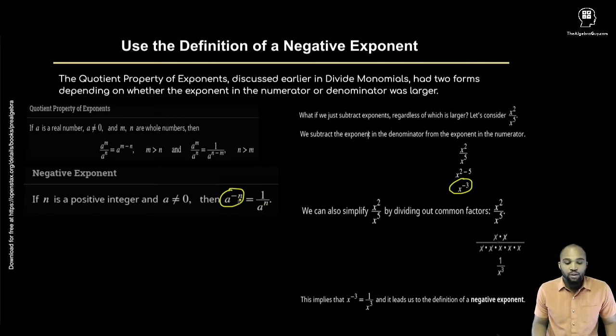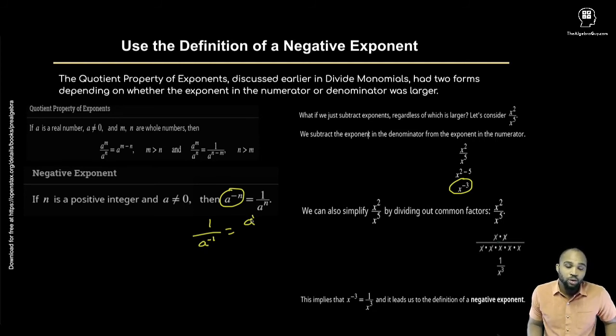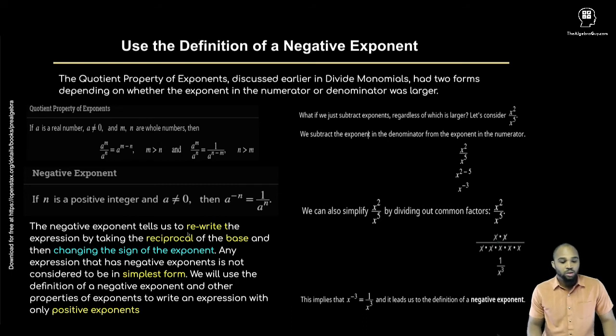If it were in the denominator, let's say a to the negative 1, and I wanted to get that negative exponent gone, I could bring it up to the numerator. So anytime it goes from the numerator to the denominator or the denominator to the numerator, it's going to change that sign from negative to positive. But we'll work some problems to see that. So I just explained this. Here's the wording if you want to pause it and read it.